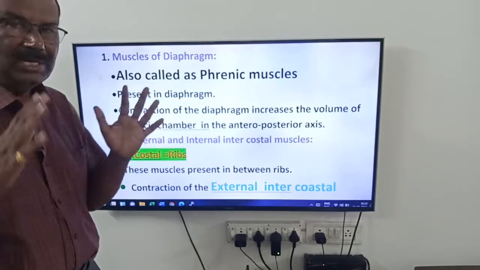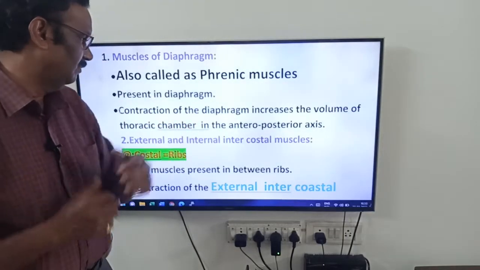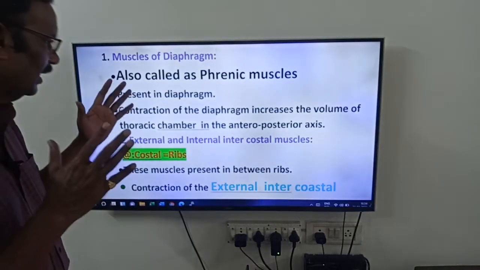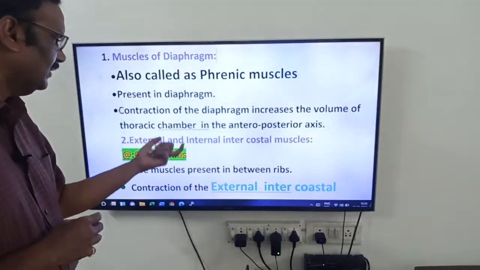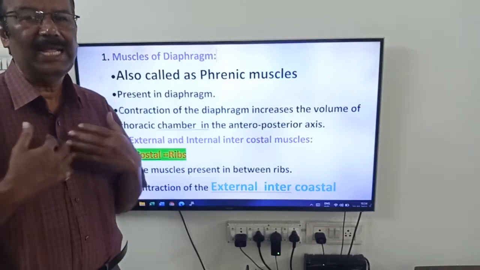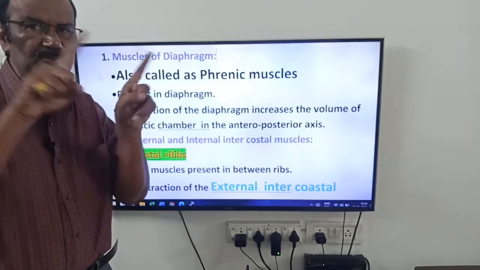Now come to what is their function. Contraction of the diaphragm increases the volume of the thoracic cavity or thoracic chamber in the anterior-posterior axis. See, friends, diaphragm is a dome-shaped structure.